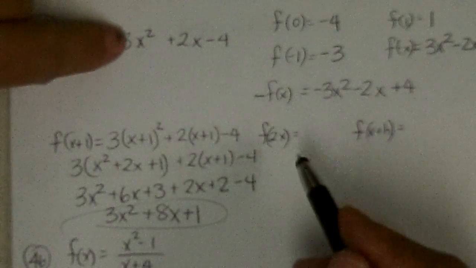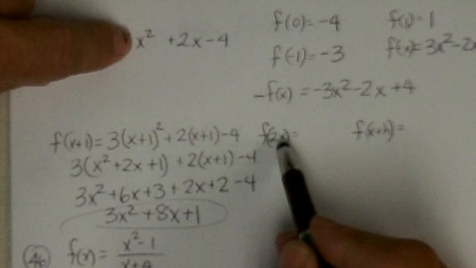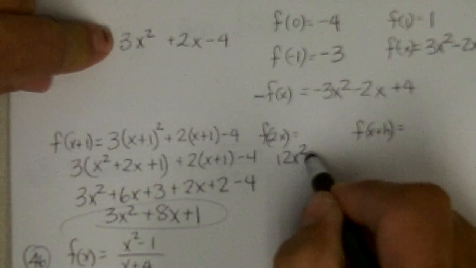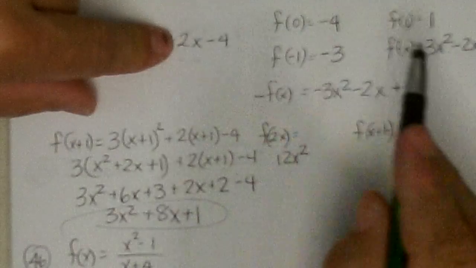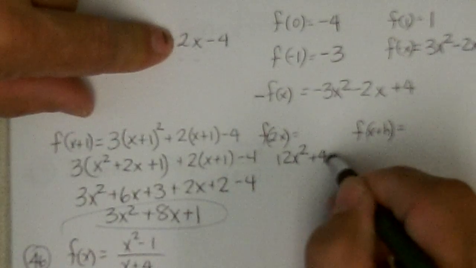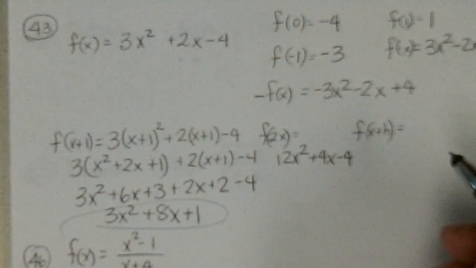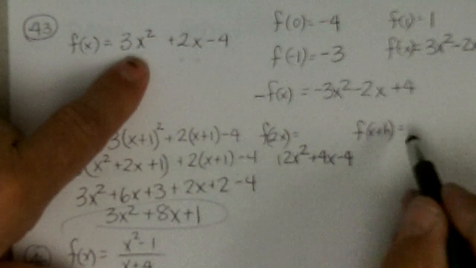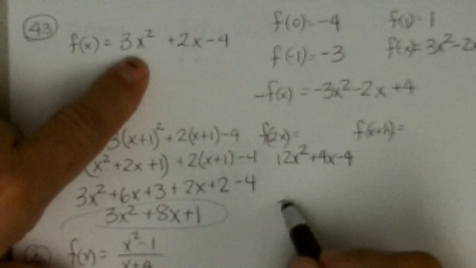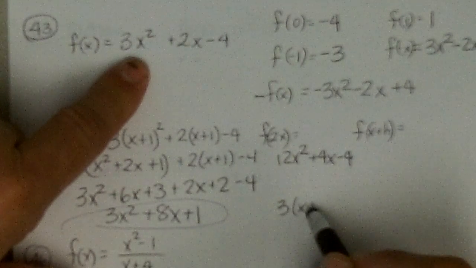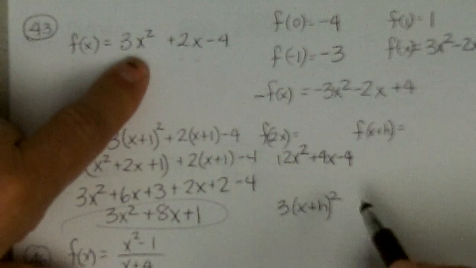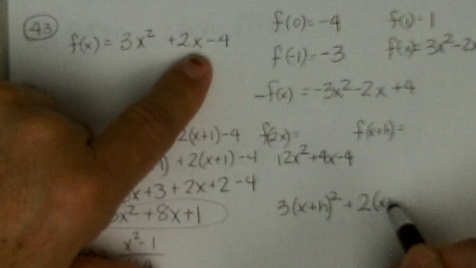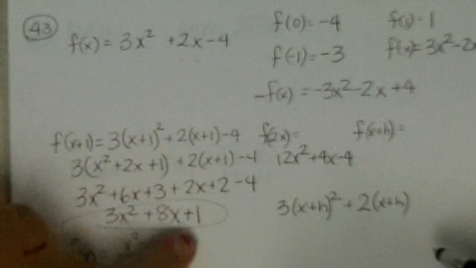If I put 2x in here, 2x times 2x is 4x squared times 3 is 12x squared. 2 times 2x is plus 4x minus 4. And if I put x plus h in for all the x, I'm going to have to move down here, so that'll be 3 times x plus h squared in place of the x's, plus 2 times, in place of the x, I'm going to put x plus h because that's what we're replacing.